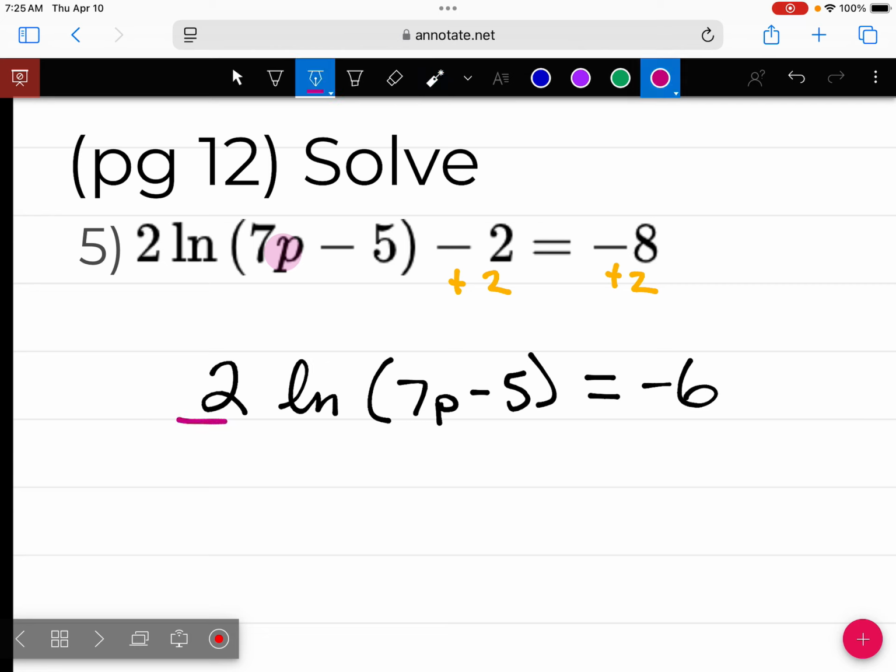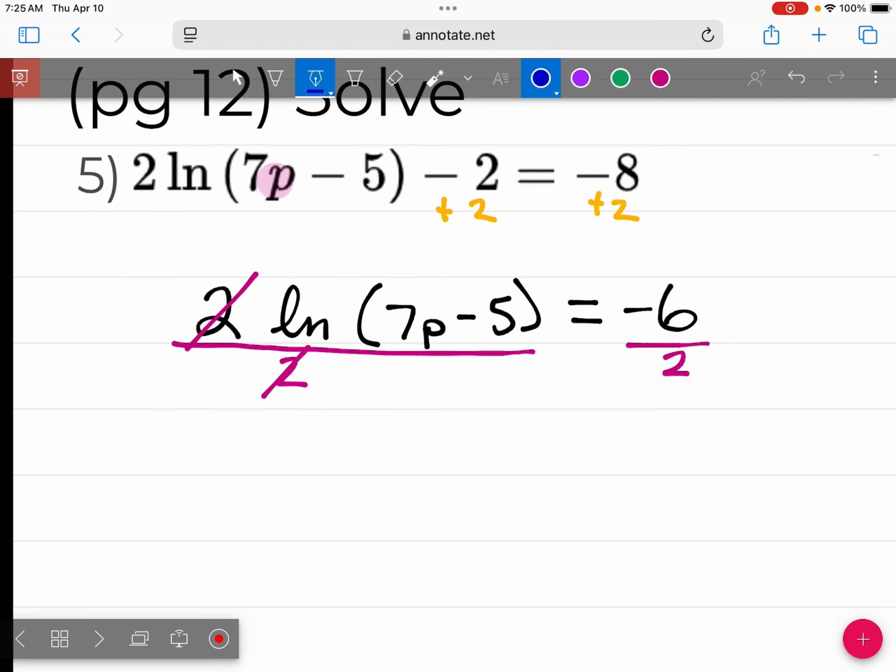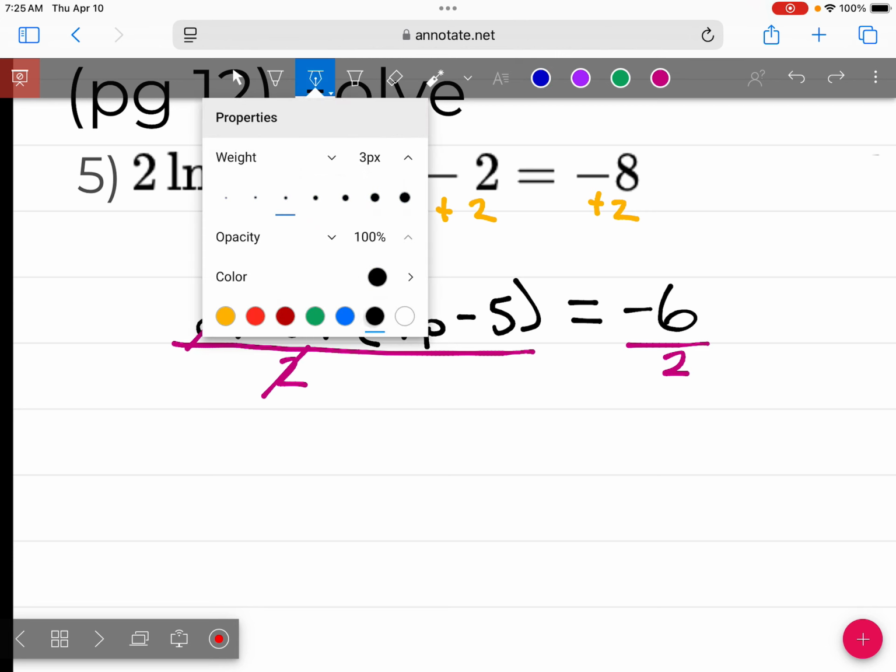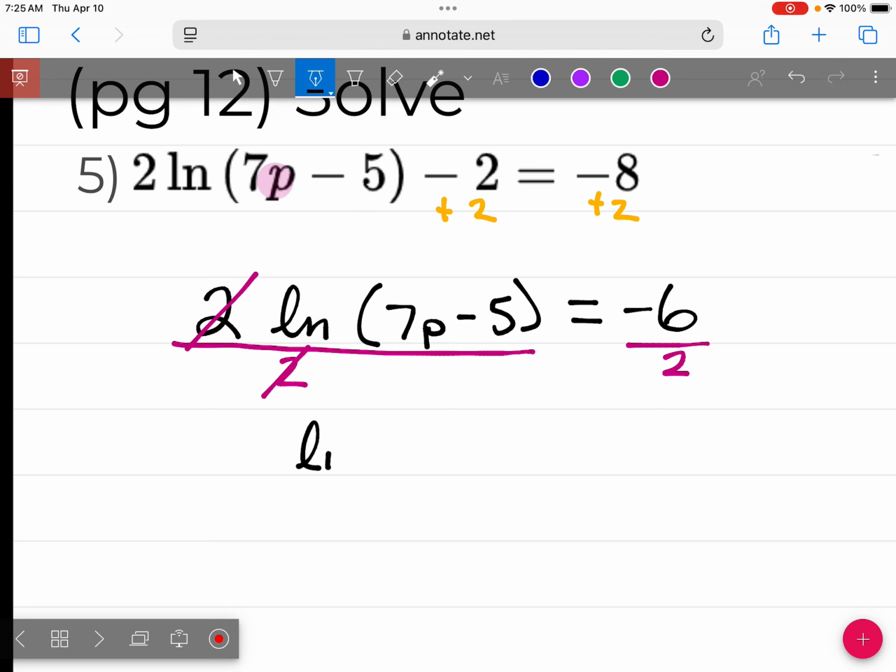So we can go ahead and divide this piece by 2. That gets rid of that coefficient. So now we have ln of (7p - 5) equals -6 divided by 2, which gives us -3.